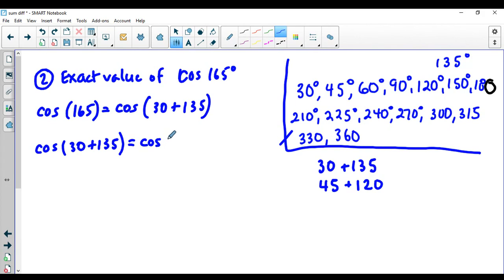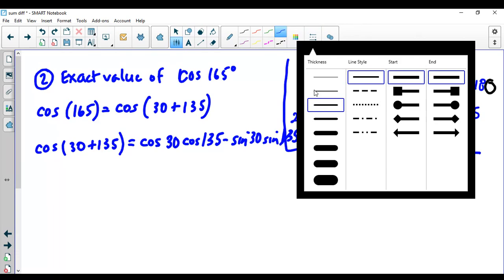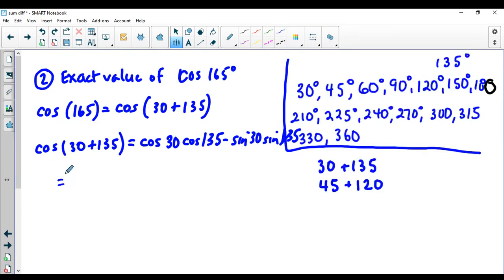It's cosine of the first times cosine of the second, minus sine of the first times sine of the second. So that's what we're doing here. That's cosine minus sine.